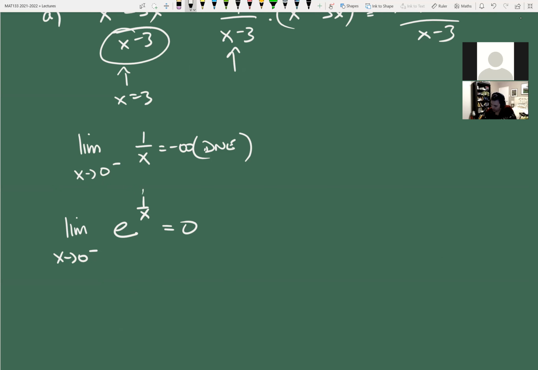When the exponent of e goes to negative infinity, the whole function goes to 0. It would be like e to the negative infinity, which is 0. I don't want you to write this down, but I just want to illustrate how you should think about it. Does that make sense?